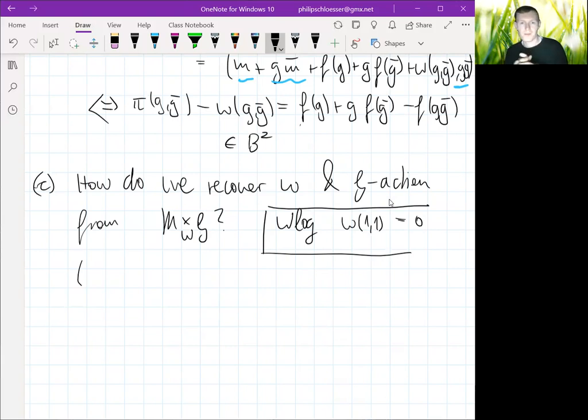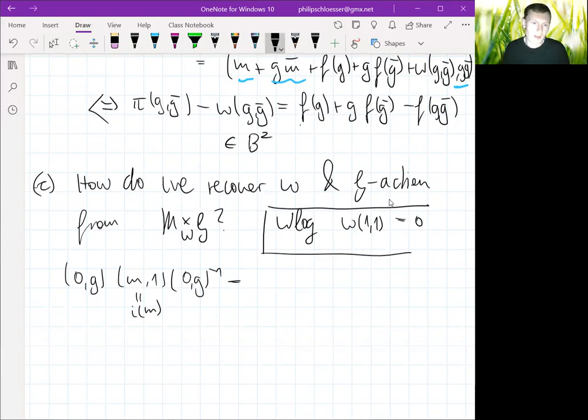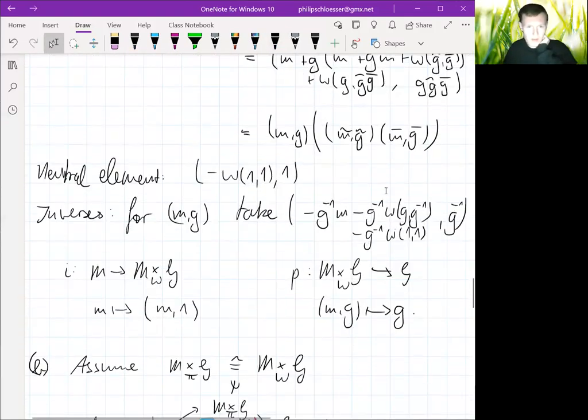And for the G action, we have to look at conjugation. So we look at what happens if we conjugate an element I of M with an object of the form 0G. Firstly, what is this inverse here? Looking for the inverse formula, we have minus 1 inverse times M, and those two expressions cancel, I think.